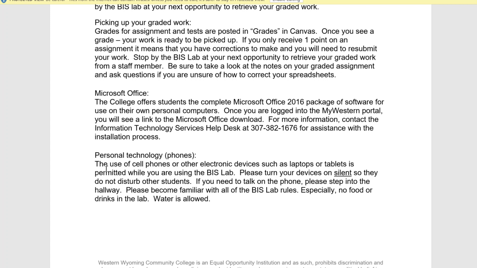So do be aware that you need to keep it kind of like library quiet when you're in the lab. Also, we have some rules in the computer lab: no food or drinks, no pets, no kids. Pretty easy things to follow. Do bring your water bottles in, make sure they have a lid on them.